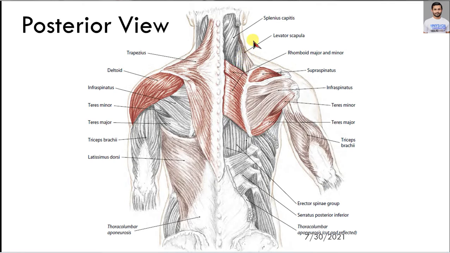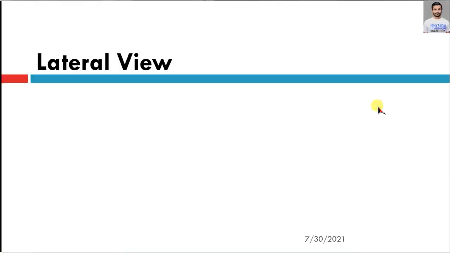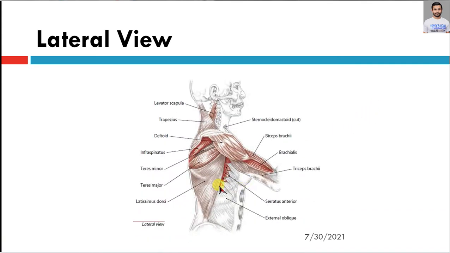Levator scapulae is very close to, or just underneath, the medial fibers of the upper trapezius, and there is the location of the levator scapulae, and then we have the deep spinal muscles called the splenius. In the lateral view, these are the finger-like projections of the serratus anterior.